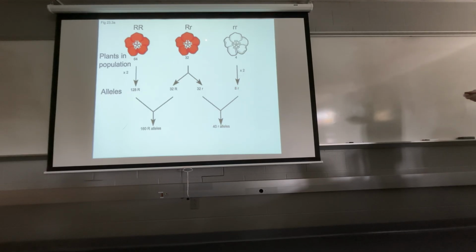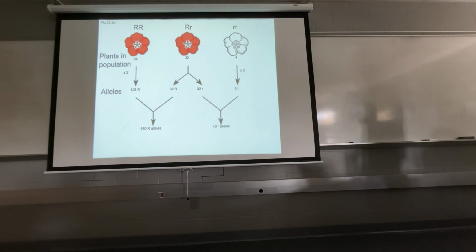And with our heterozygotes, we have 32 big R's and 32 little r's. Then we can add those up. So we have 160 big R's and 40 little r's, or 100 individuals and 200 alleles. You always check your math, to make sure it adds up to what it's supposed to.